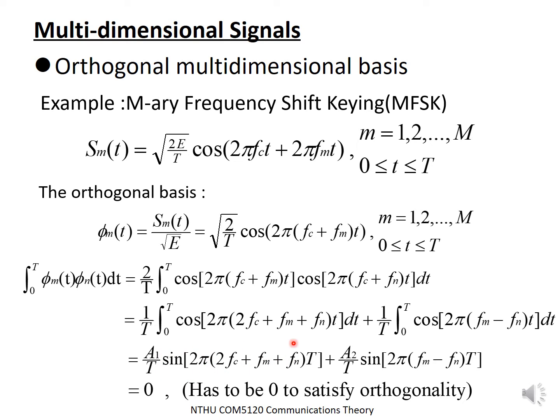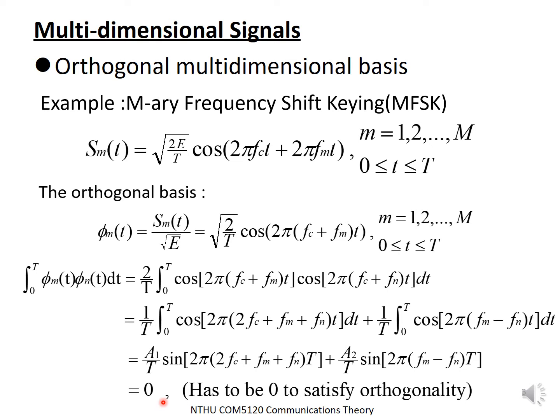Then this sine function is 0, and also in the second term, this argument 2 pi (fm minus fn) t is a multiple of pi. Then this sine function would be 0. Then this orthogonal condition would be satisfied automatically.